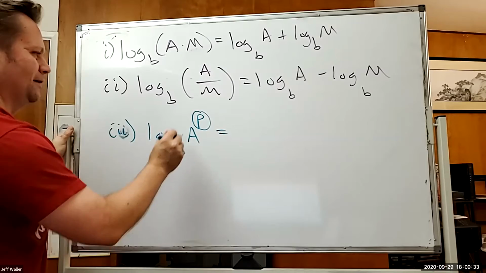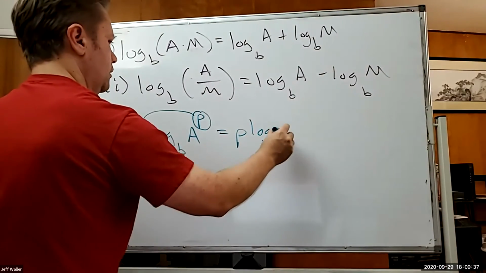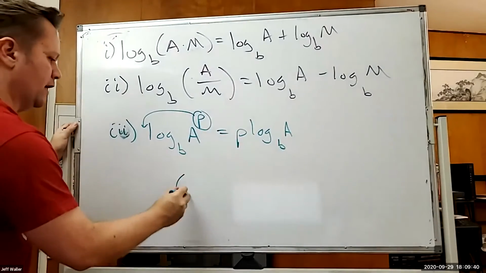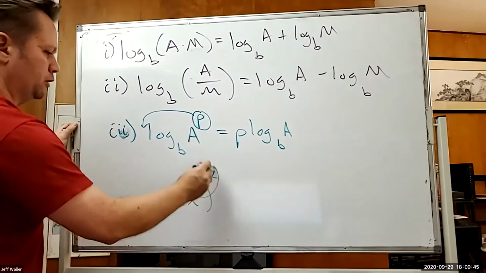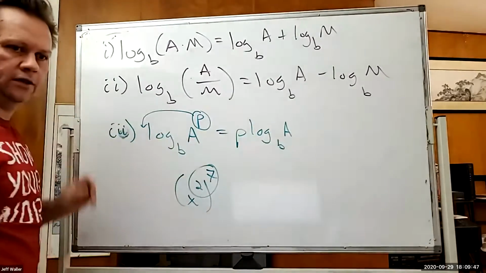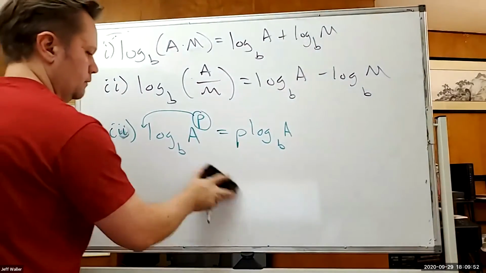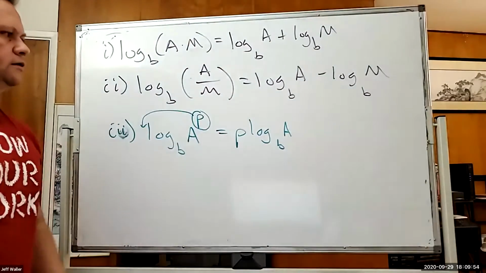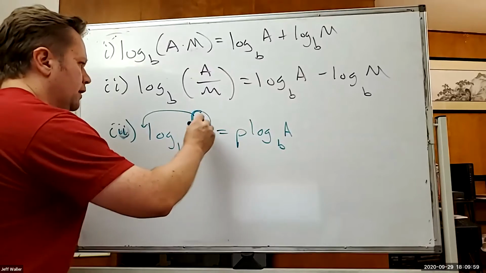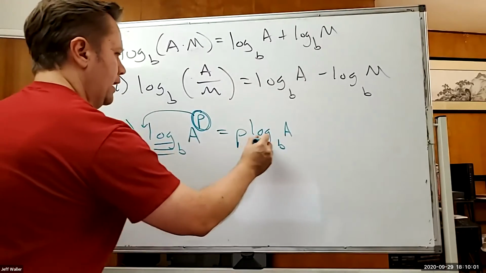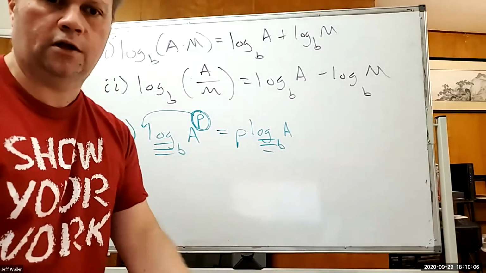You move it to the front. Yes, and make it multiply the log. All that says is, if I have something raised to a power, raised to another power, what do I do with the powers? I multiply them. That's all that says. That is the most important one, because anything where the variable is stuck in the exponent, any log can make that come down, so then I can actually solve the equation like we saw yesterday.